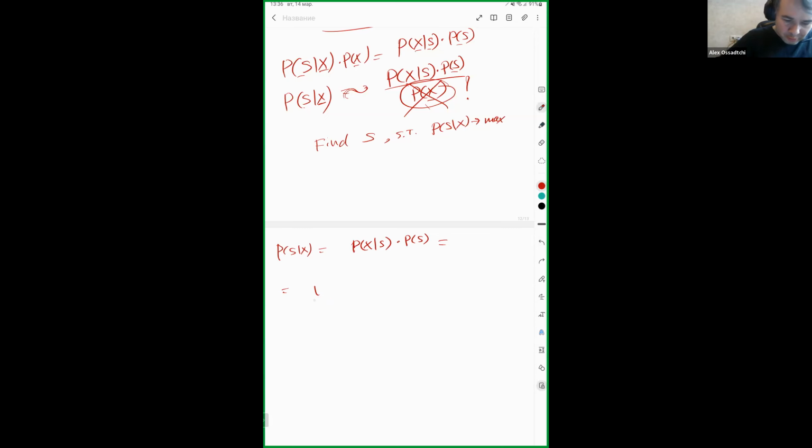Let's do this. One over 2 pi in the power n sensors, divided by 2, by the determinant of your noise covariance, in the power n sensors divided by 2, multiplied by e to the minus X minus GS transpose Cn inverse X minus GS, divided by 2.